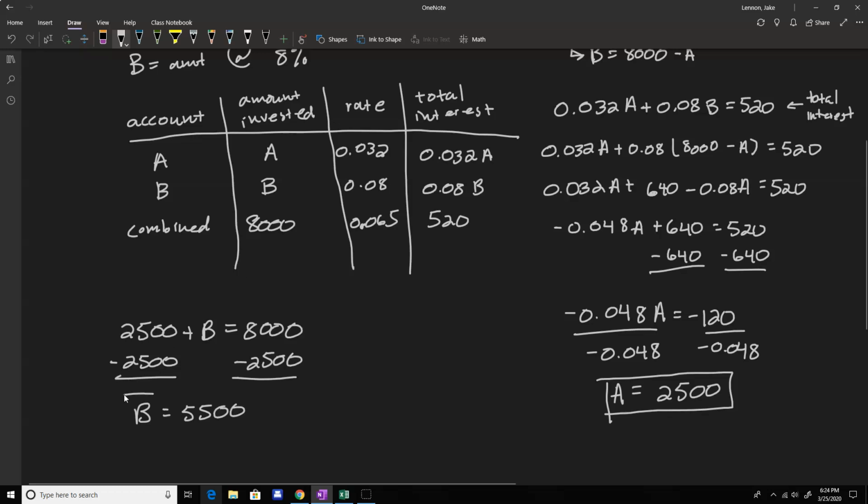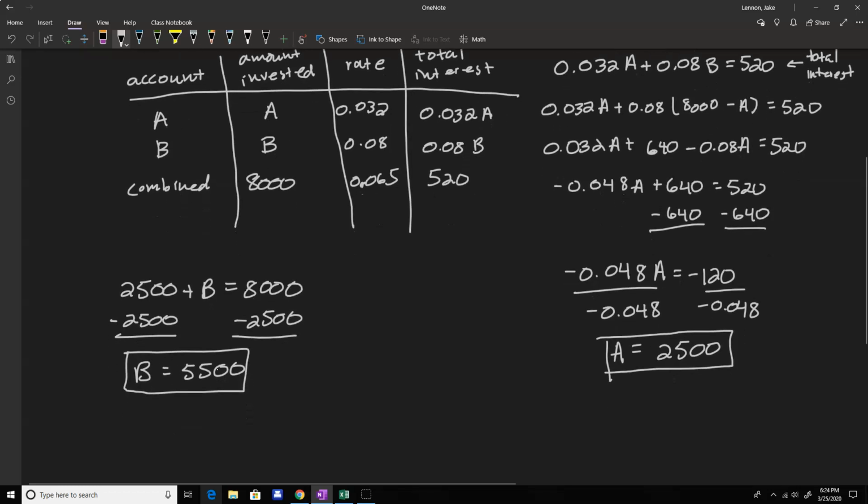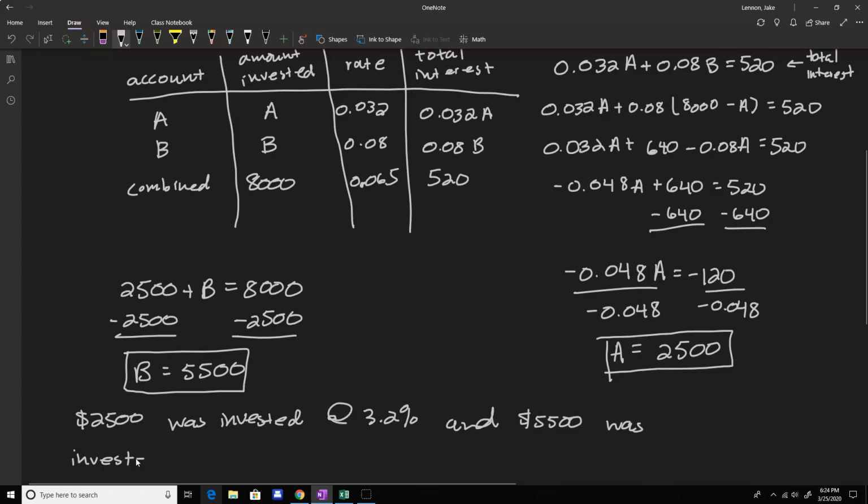We could write a sentence here if we want. Again, it's just rehashing what the variables mean. So basically $2,500 was invested at 3.2%, and $5,500 was invested at 8%.